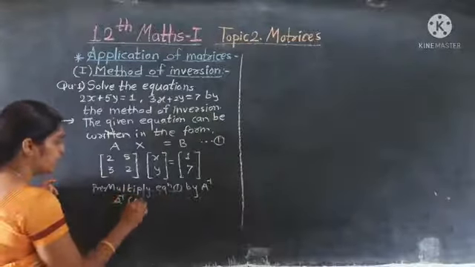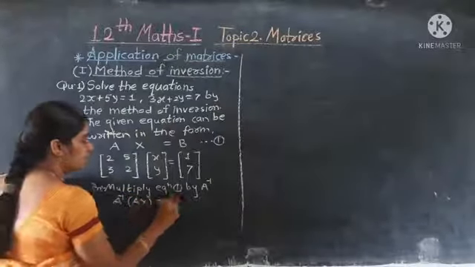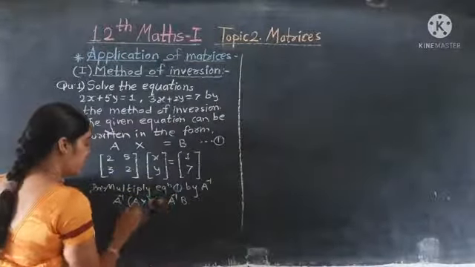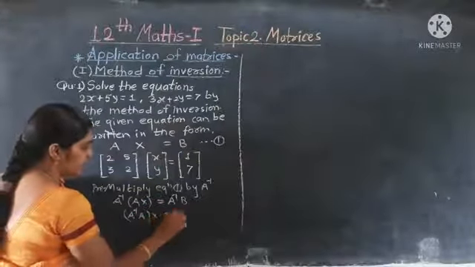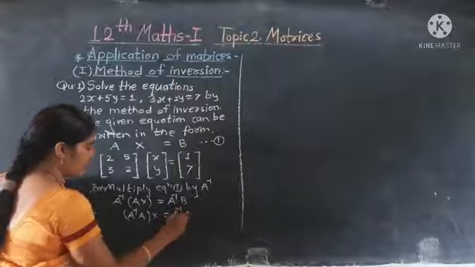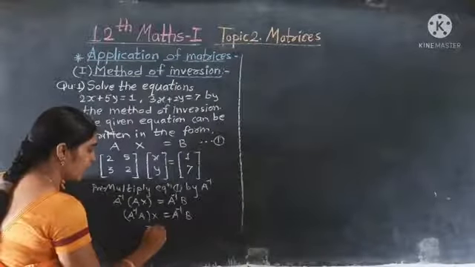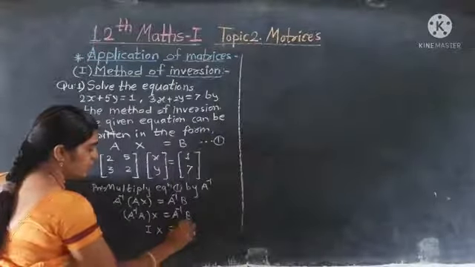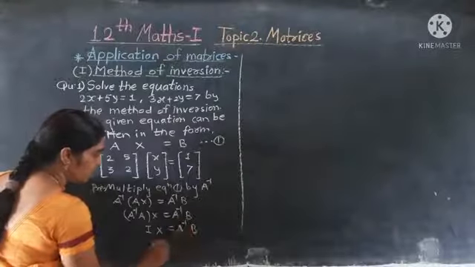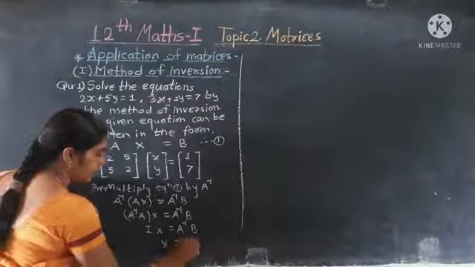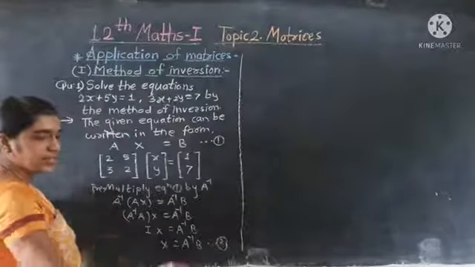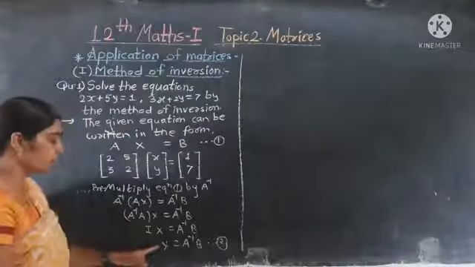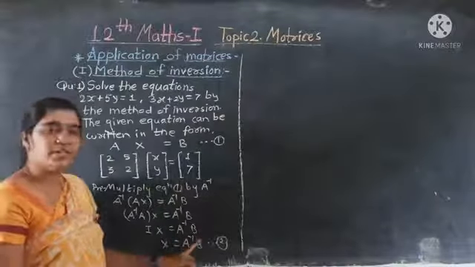A inverse into AX is equal to A inverse into B. That is A inverse into A into X is equal to A inverse into B. A inverse into A is I. IX is equal to A inverse into B. So we get X is equal to A inverse into B. You call this equation number second. Okay, so we get X is equal to A inverse B.